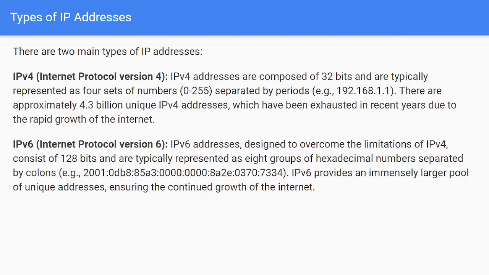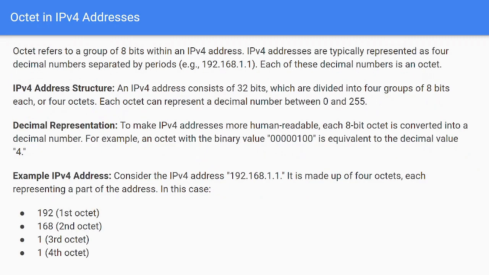You understand? So that is the reason why we're moving into IPv6, to be able to accommodate the large growth of the internet. Then let's talk about octets in IPv4. An octet refers to a group of 8 bits within an IPv4 address. IPv4 addresses are typically represented as 4 decimal numbers separated by a period.